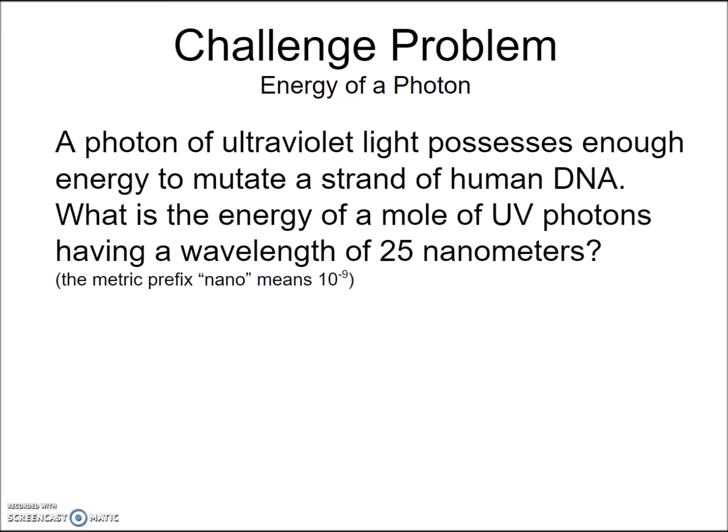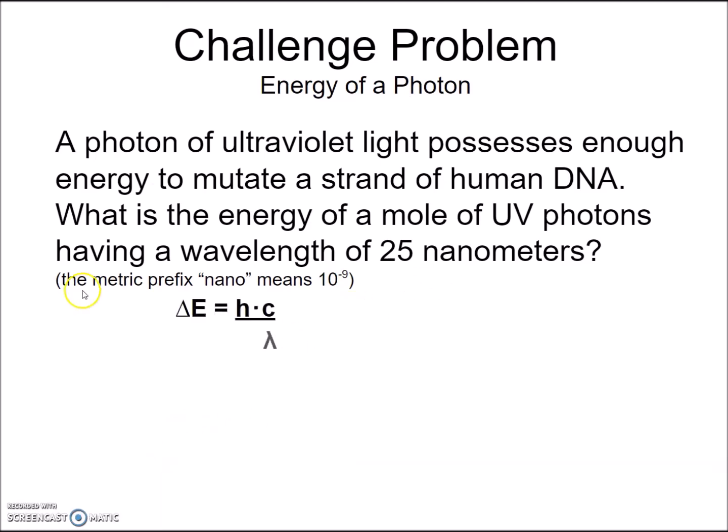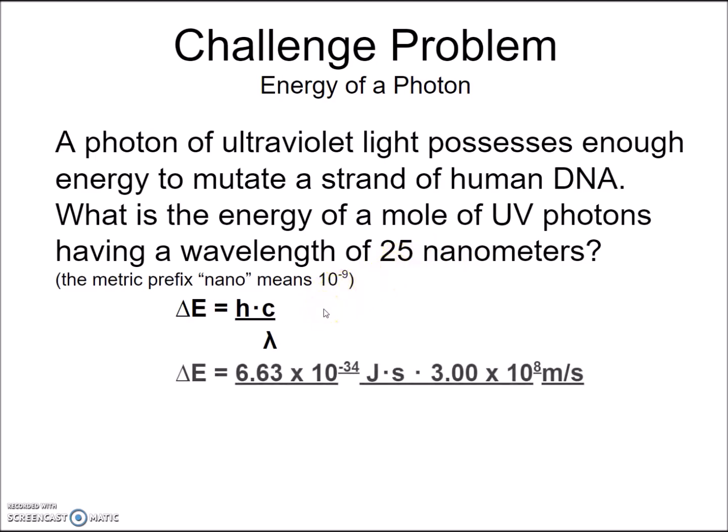There's a little hint. The metric prefix nano means times 10 to the negative 9th. So we'll use the same formula as we had in the previous two problems, Planck's constant times the speed of light over the wavelength. The wavelength is 25 nanometers, or 25 times 10 to the negative 9th meters.